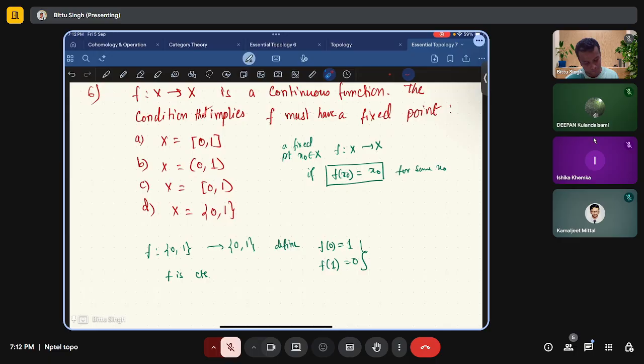So D is false. Now what about the other options? Can you construct a function for which f(x) not equal to x if the domain is open (0, 1)? So for D this is okay. For B, can you create a function?